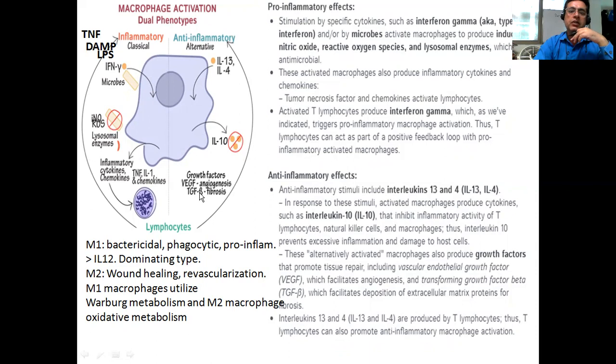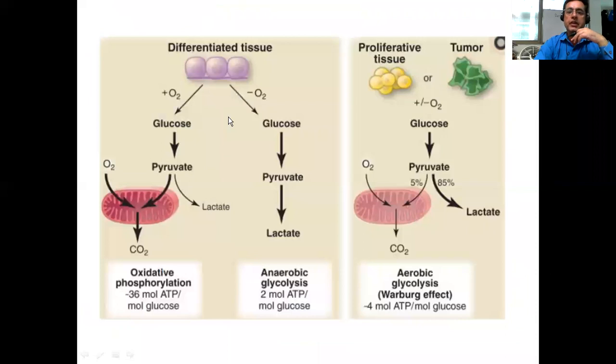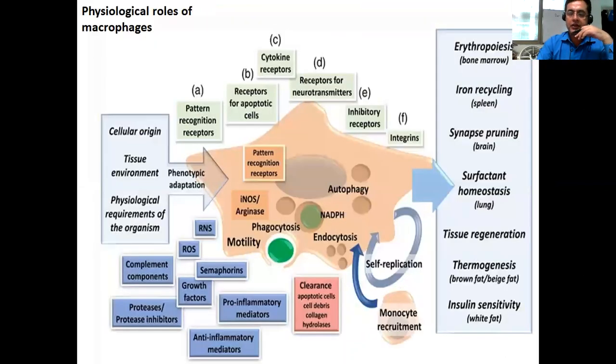So that's why this type of Warburg metabolism would take place there, and this type of phenotype would be activated in the case of tumor cells. There are different functions of these different roles of the macrophages.